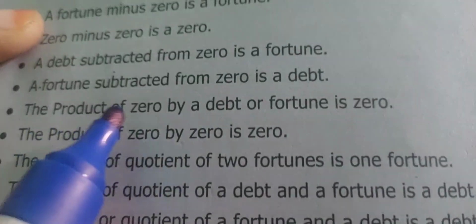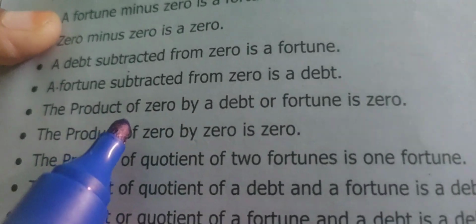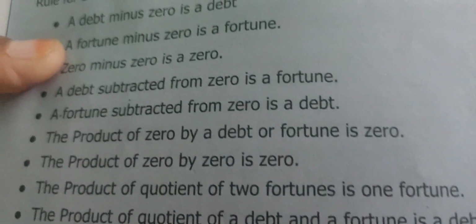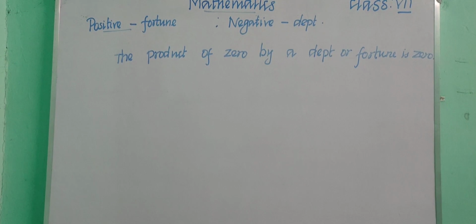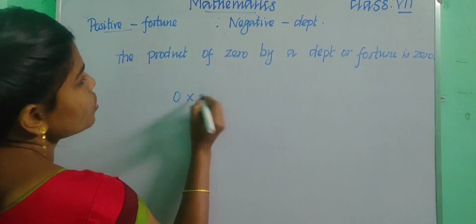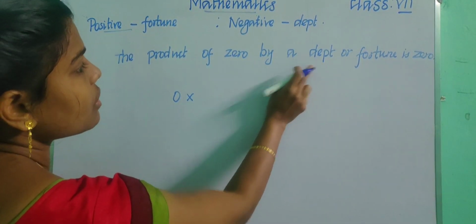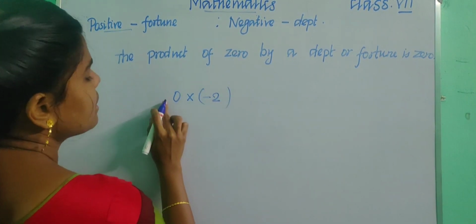See, a product of 0 by a debt or fortune is 0. Let us see. Product of 0, 0 into debt. Debt means minus 2. Simply let us take 0 into minus 2.